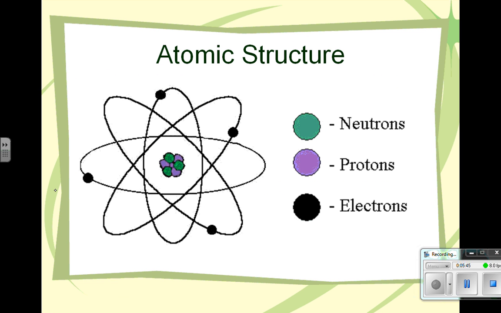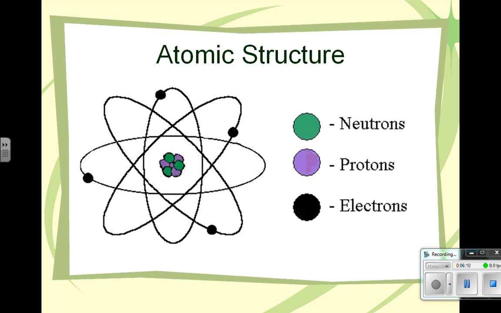So let's just take a quick look and remind ourselves the structure of an atom. Again, this is not the modern day model. This is Rutherford's model. And what do these black lines represent? Orbitals, right? Orbitals are the path that the electron takes around the nucleus. So the green represents what? Neutrons.